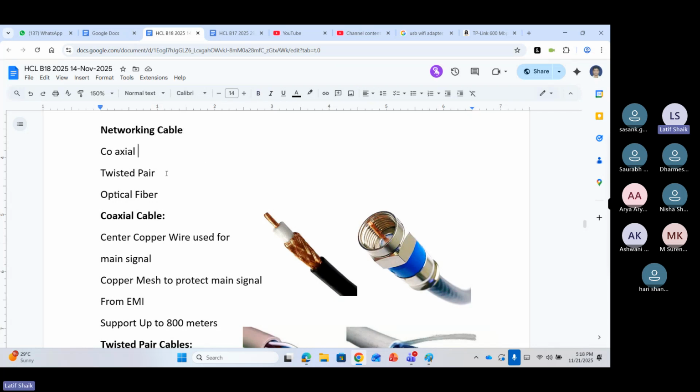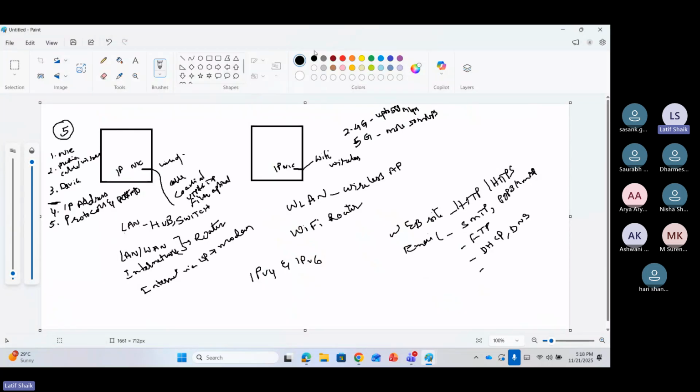Out of all these three networking cables, twisted pair cable is the very important one. Why? Because in our regular LAN communication, we use twisted pair cables like UTP or STP cables. Okay, what are the networking cables? Here we discussed NICs, right?